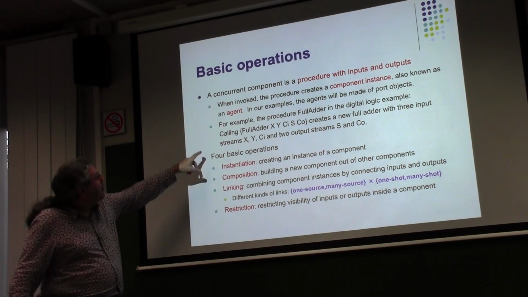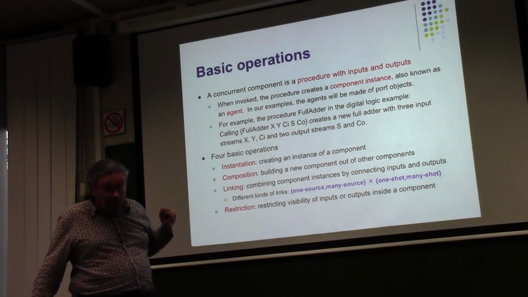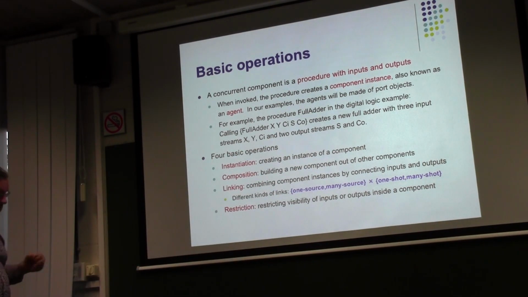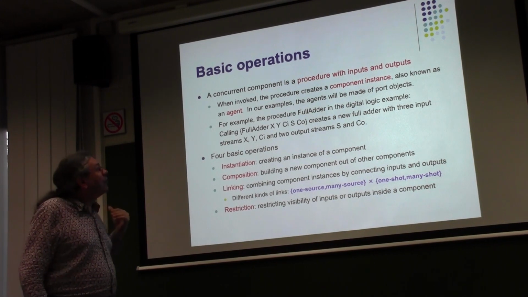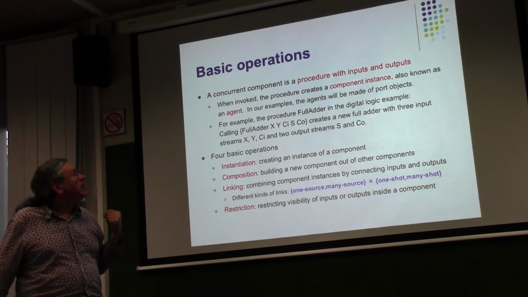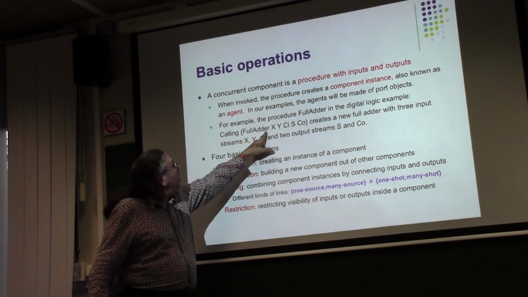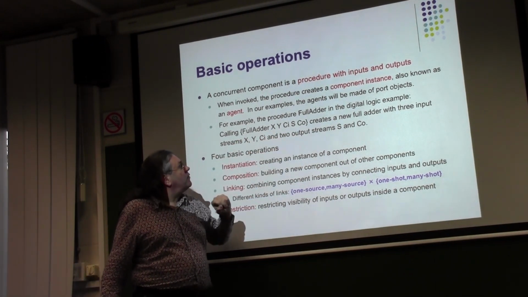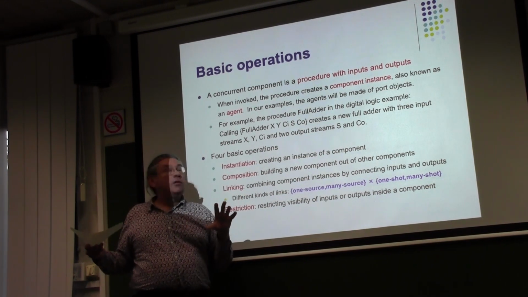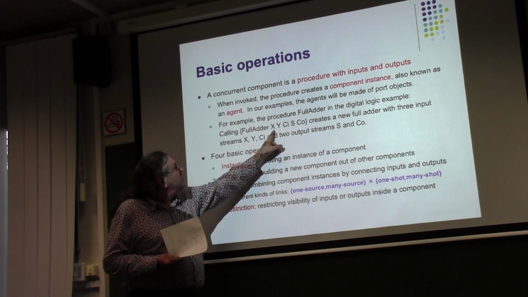And I'm going to explain again an example we saw before, which is the full adder. Remember we did the digital logic example. This was even in a previous course. But digital logic is deterministic data flow. And we have a procedure called full adder with 5 arguments. And this creates a logic circuit, a running logic circuit which behaves like a full adder.